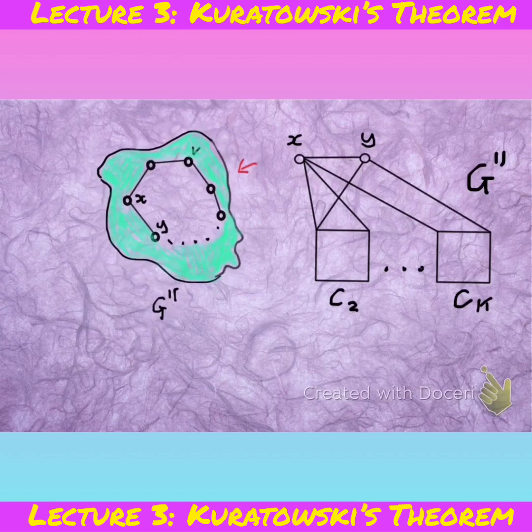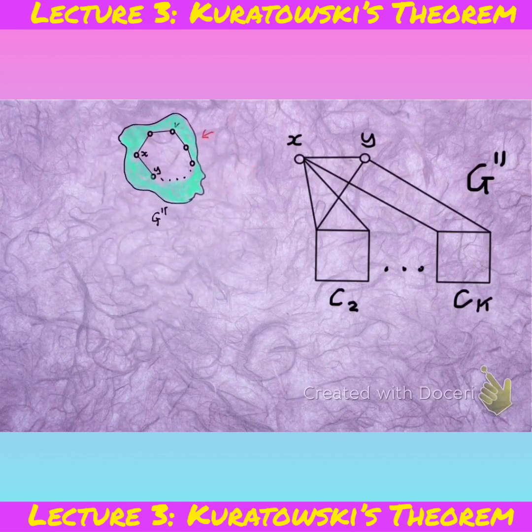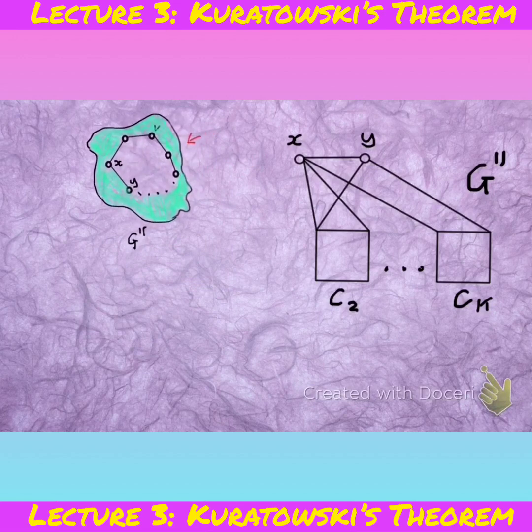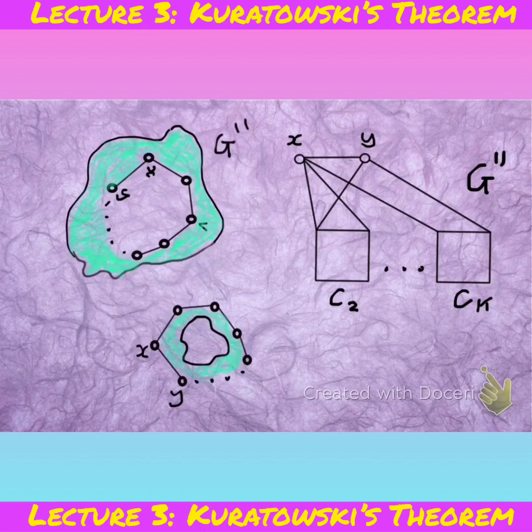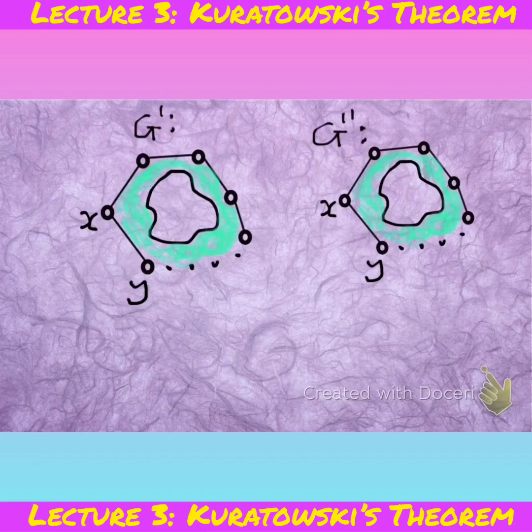Doing that, we get a new representation for G double prime. That used to possibly be in the interior region, and we have changed it so that it lies on the exterior region. There we've got our two representations, G prime and G double prime.